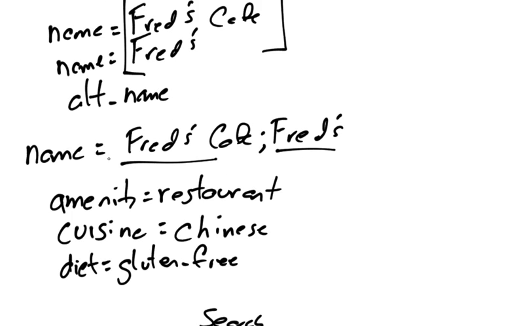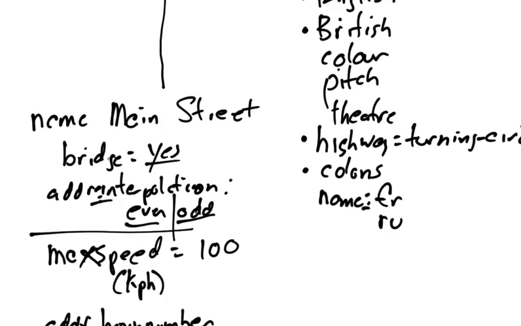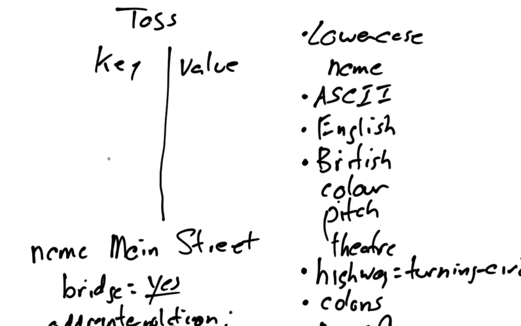So just to go over, we've said again that tags are key value pairs. We've given some general guidelines. This should be an underscore here.